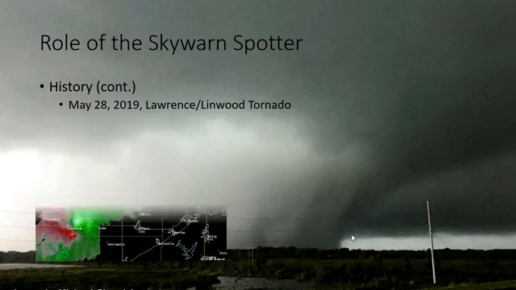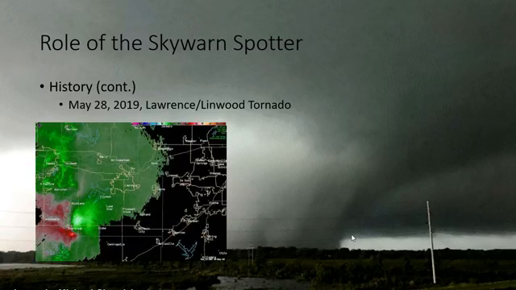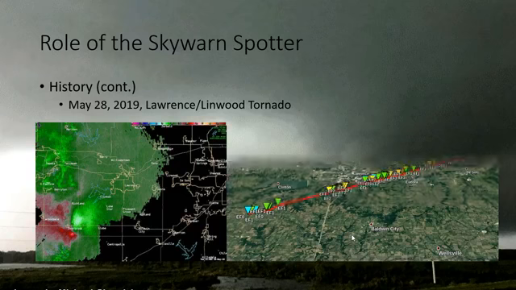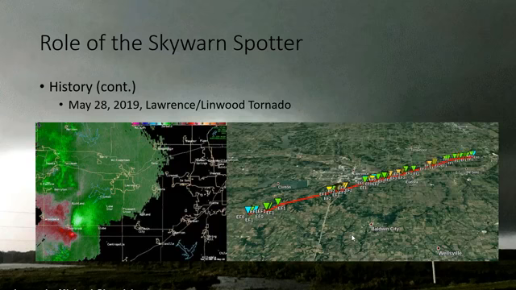But there's the base velocity signature of it in its early stages. It was interesting, but it did follow the classic path from the southwest to the northeast. There's the path right there.